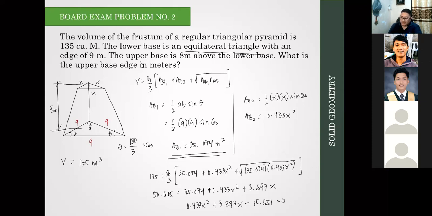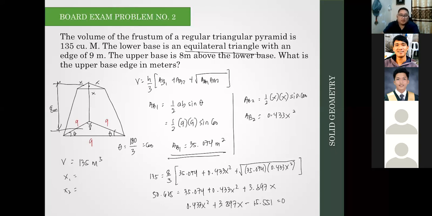So since may quadratic function tayo, kailangan kunin natin yung values ng x1 and x2 natin using quadratic formula. Okay? So I leave you kung paano i-solve yung quadratic formula kasi that is already discussed dun sa ating algebra na topic. Pero papakita ko na lang siya sa calcu. Okay?